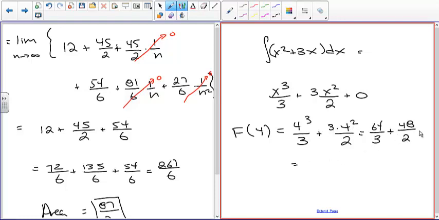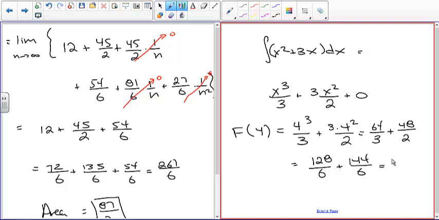Okay, so let's convert it to sixths. So 64 over 3, if we double that, we get 128 over 6. And if we multiply that by 3, 48 times 3 is 144, so we get 144 divided by 6. You get 144 plus 128, you get 272.